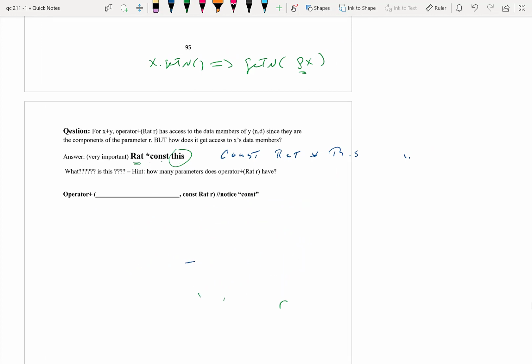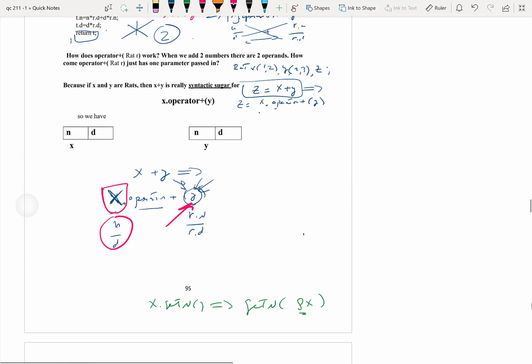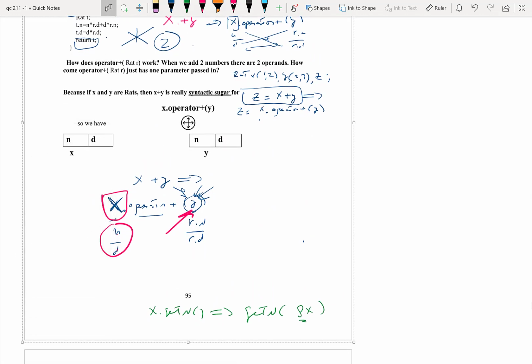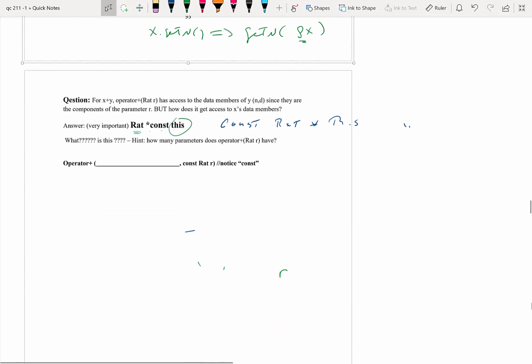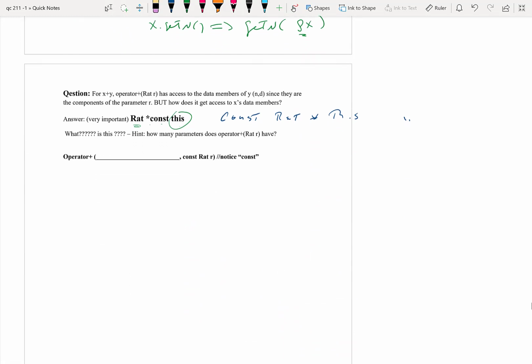So I said the following. Did I erase it already? I hope not. I think I erased it. So what I said before, it looked like this. This was the numerator, and this was the denominator, and this was r dot numerator, and this is r dot denominator. So this became what?